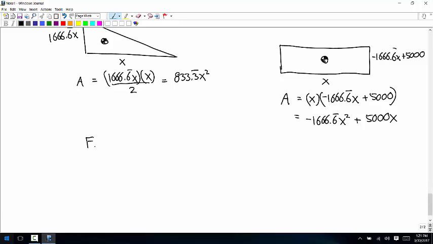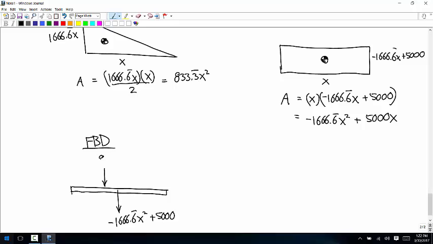And now we can represent both distributed loads as point forces. We have the force from the rectangular distributed load. That has a value of negative 1666.6 repeating x squared plus 5,000x. And we have the point force representing the triangular distributed load.